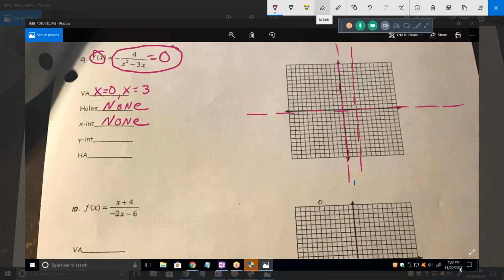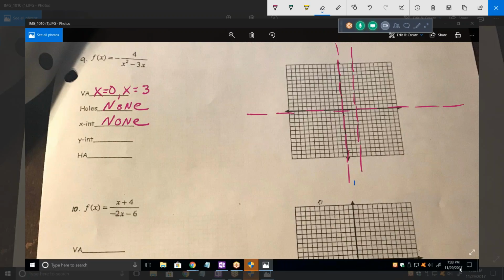Okay. About the y-intercept. Yeah, I don't think there would be one. Well, what do you do to figure out a y-intercept? If you put x equal to 0, exactly, the bottom part is 0, so it's just 4 divided by 0.